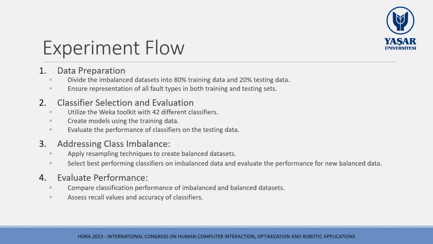Recognizing the class imbalance challenge, we then addressed it by applying resampling techniques to create balanced datasets. By carefully resampling the data, we aimed to overcome the bias towards the majority class and improve the classification performance.